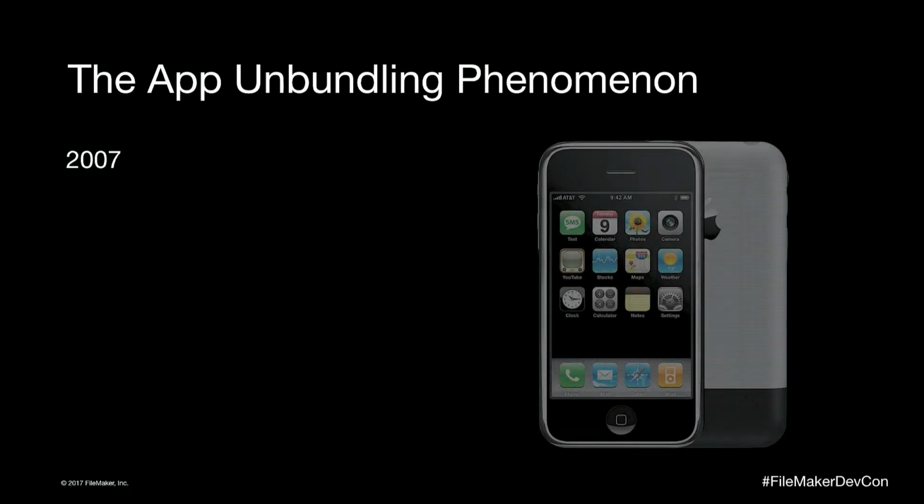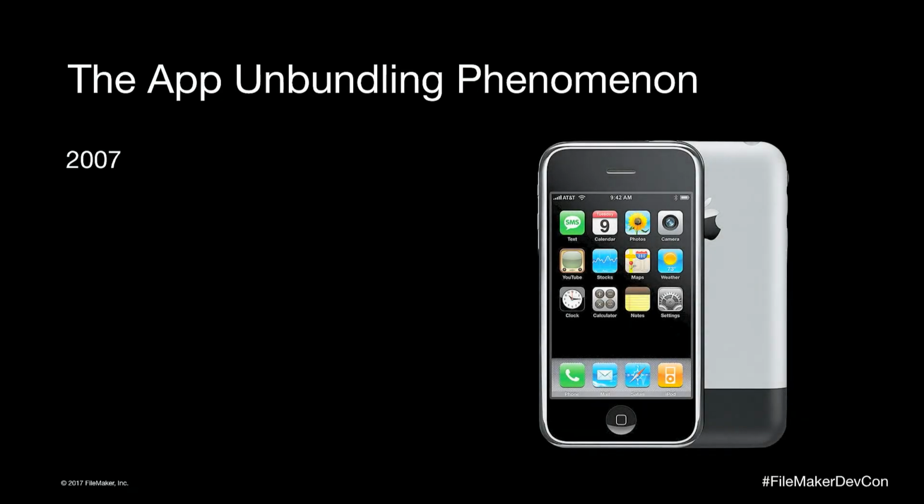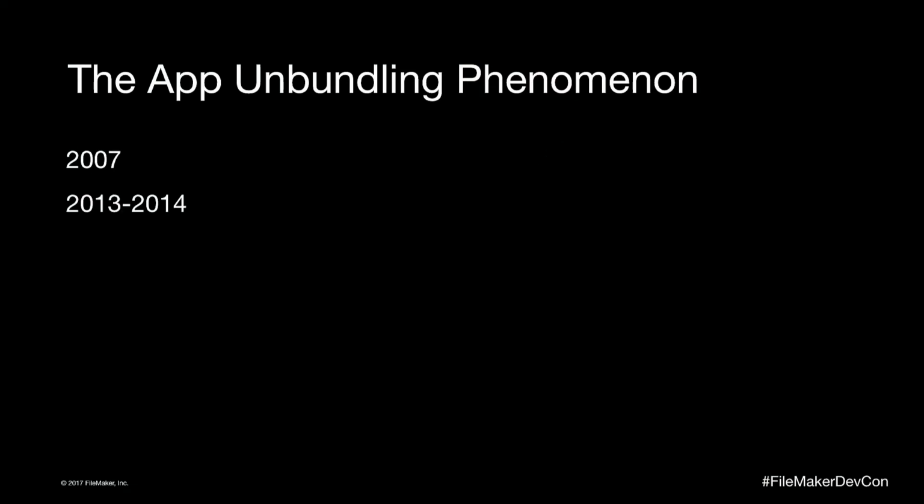And then when I got my first smartphone and turned it on, I was surprised. I had all these different apps, and all this information was completely separate. I remember thinking to myself, this is not going to work. I was wrong, by the way. But this was my first experience with unbundling, all this information going into these separate things.